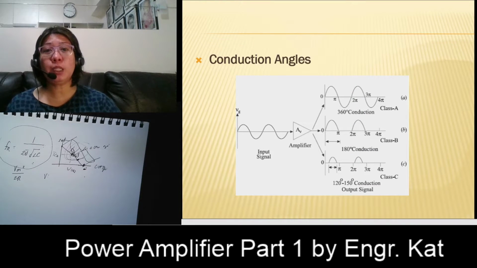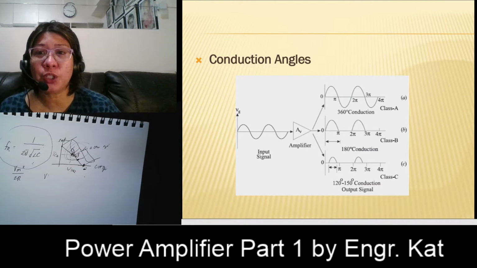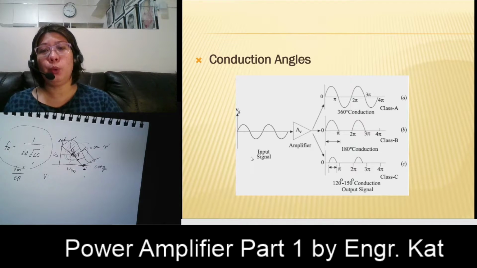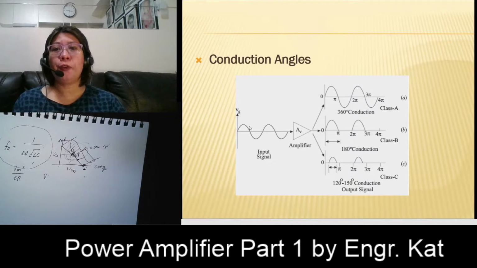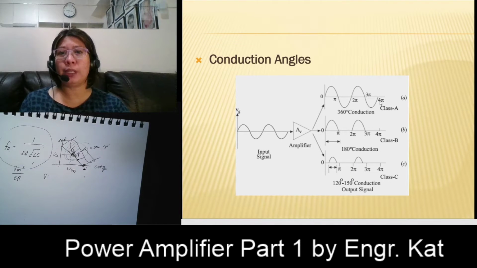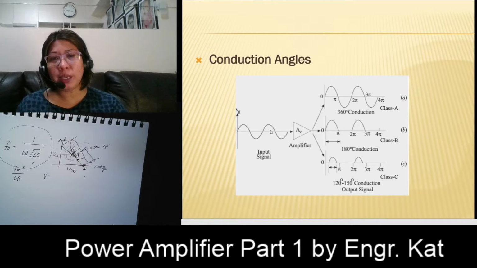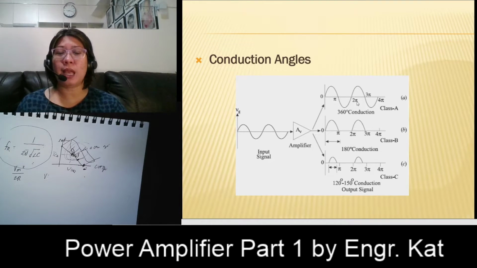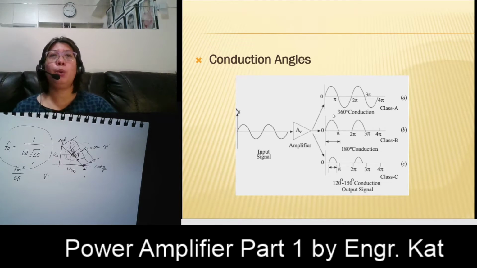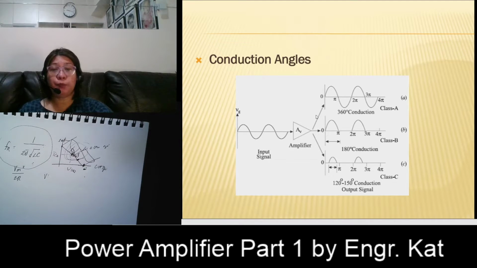Okay, so this shows the conduction angles for each of these three types of amplifier. We have here your input signal. For all the 360 degrees of your input signal, your output is also a full 360 degrees. As you can see, your output looks exactly like your input here, so it is free from distortion.